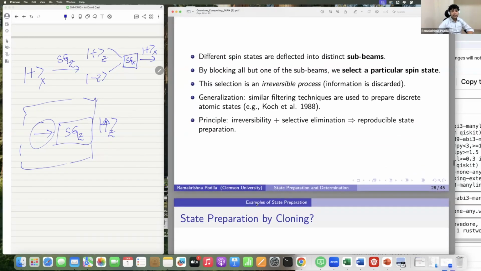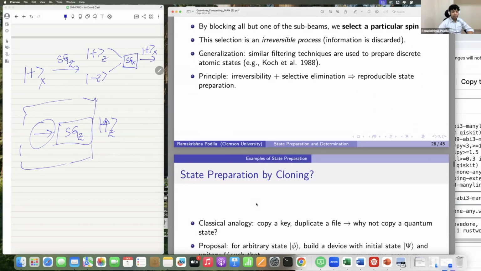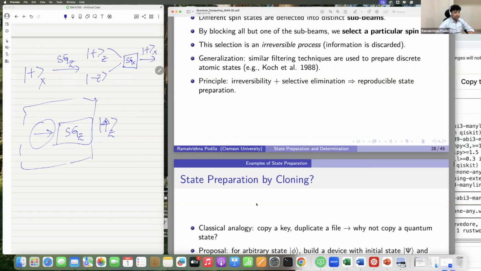One of the things we need to discuss is that when we make a measurement on one particle, like in the Stern-Gerlach experiment, what we are measuring is the position. Most measurements are actually position measurements.